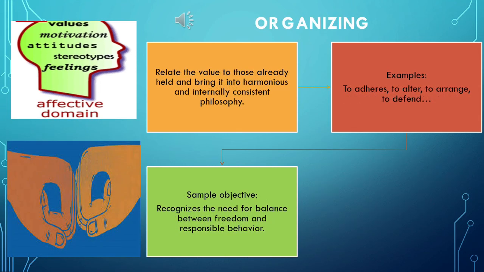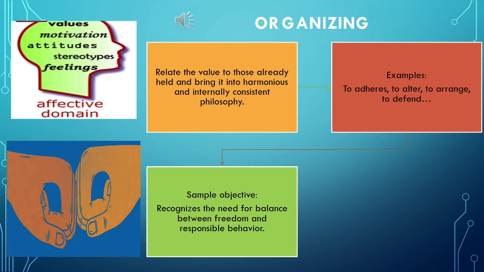Next is organizing. In organizing, the student relates the value to those already held and brings it into a harmonious and internally consistent philosophy. In this level, the student organizes values into priorities by contrasting different values, resolving conflicts between them, and creating a unique value system.